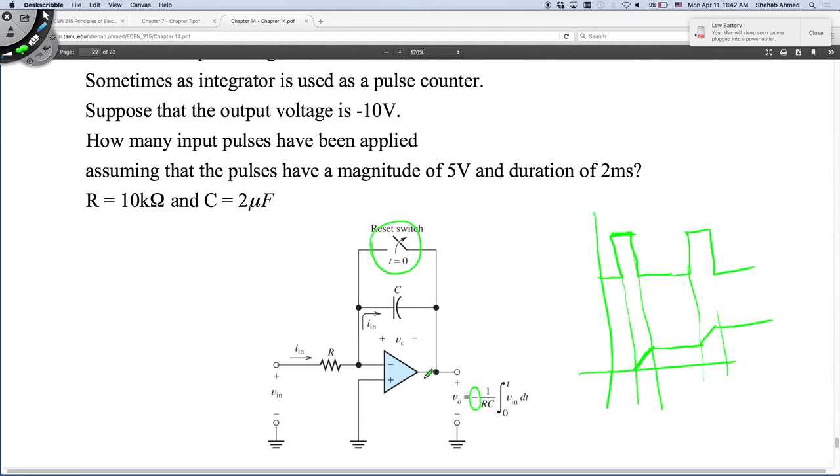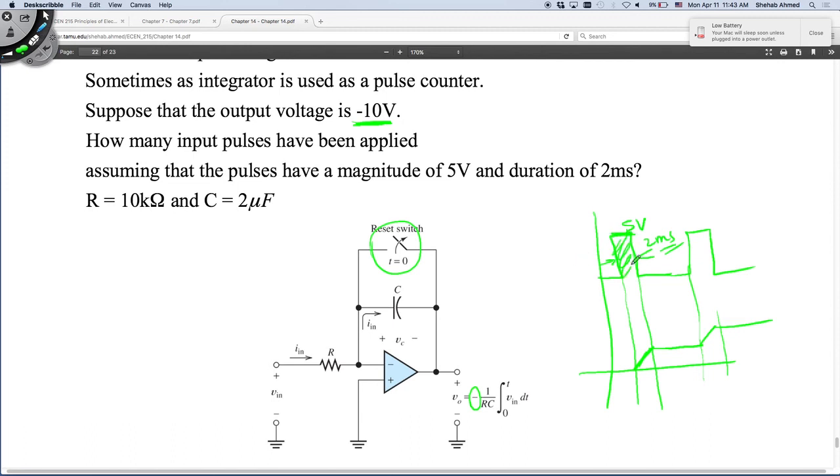So they're asking you how many pulses are required to bring the output voltage to minus 10 volts, knowing that each of these pulses has a magnitude of 5 volts and duration of 2 milliseconds, right? So they're asking you to integrate a fixed value of 5 for 2 milliseconds.